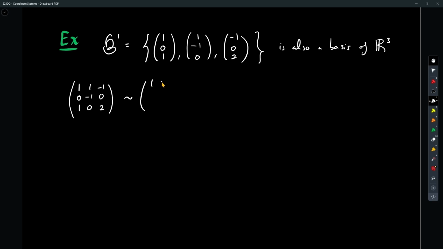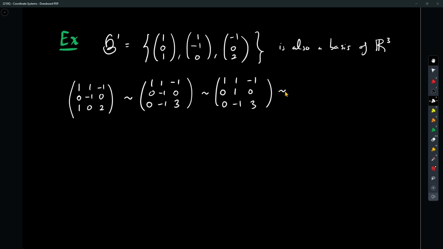If I row reduce it, I get 1, 1, minus 1, 0, minus 1, 0, and I'm going to reduce the third row. This is 0, minus 1, 2 minus minus 1 is 3. So I get now 1, 1, minus 1. Let's change the second one by a sign.